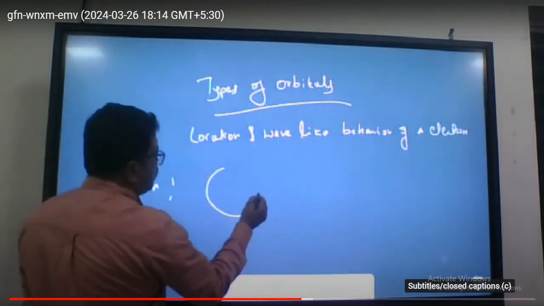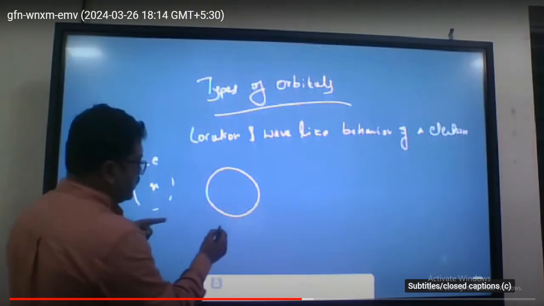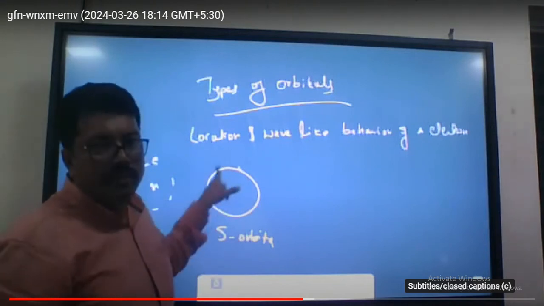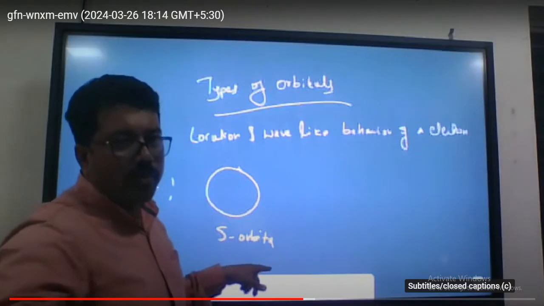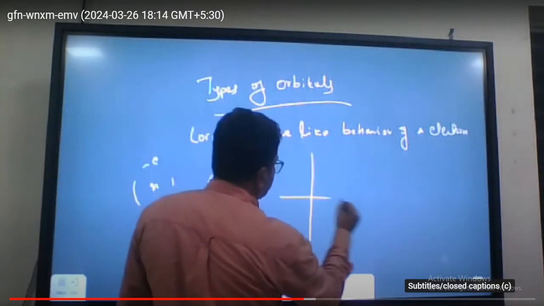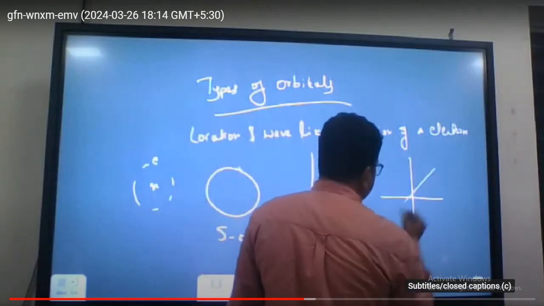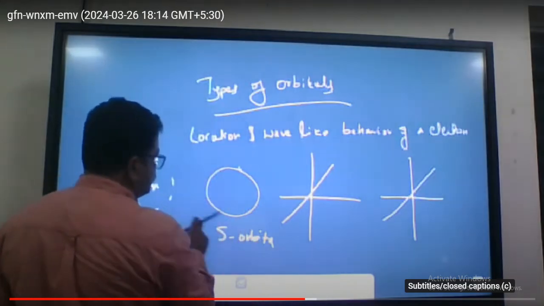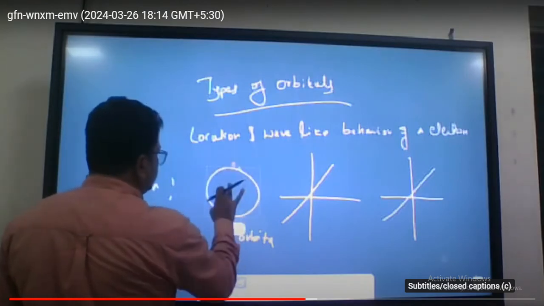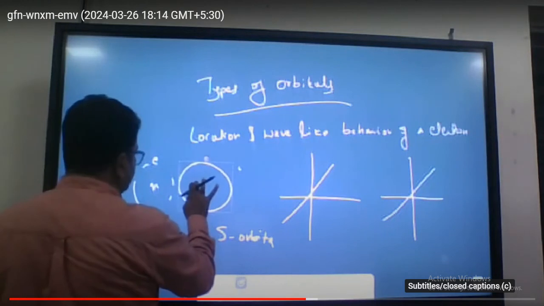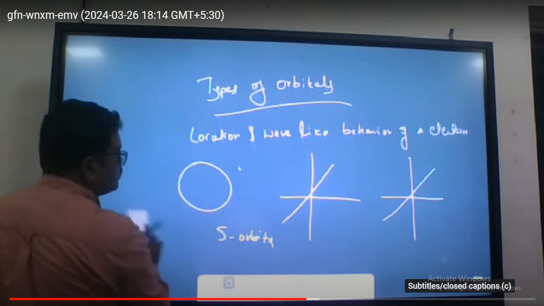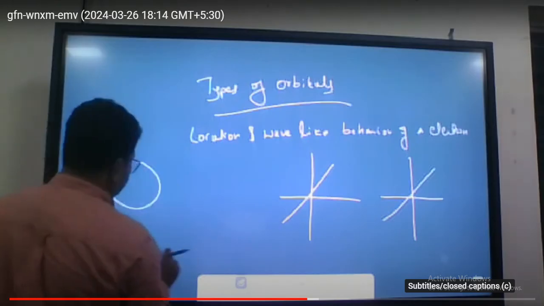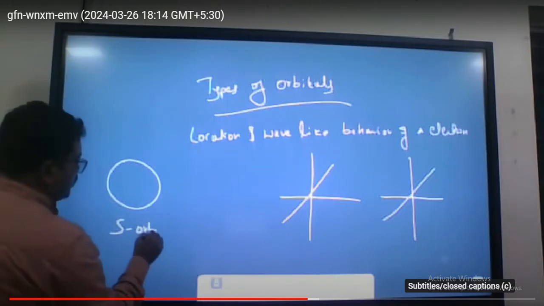In this shape, where the electron probability of finding is circular all around, we call it an S orbital. So this is the S orbital.